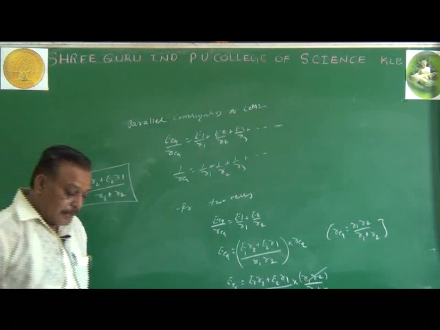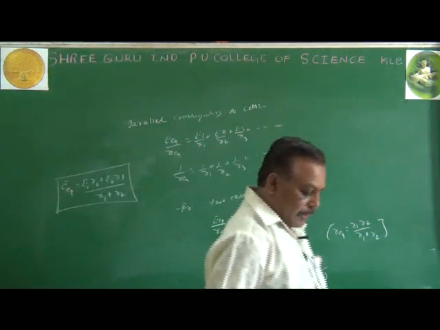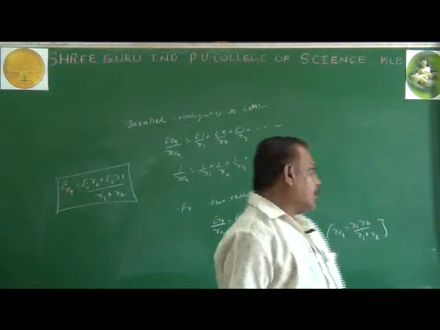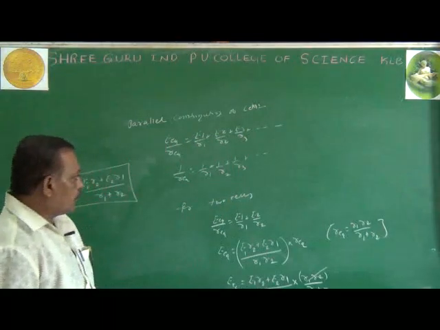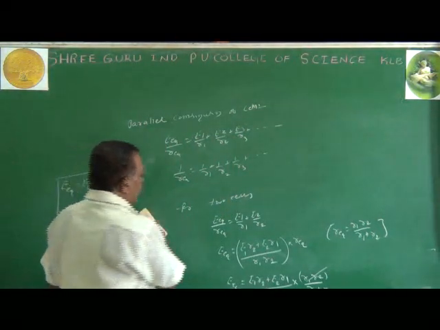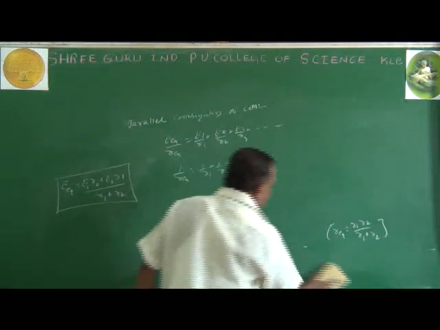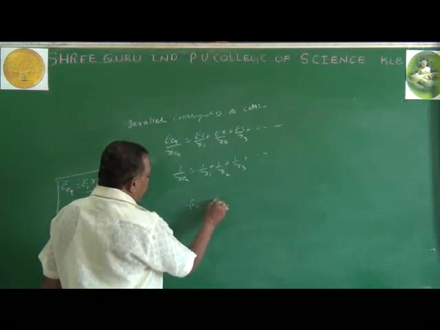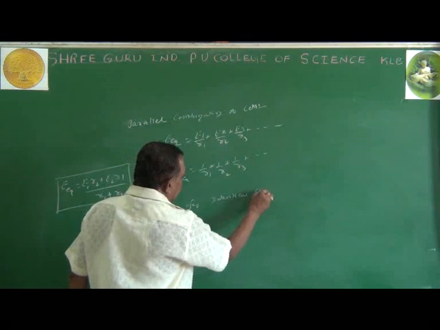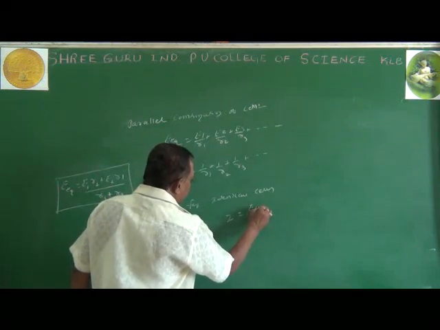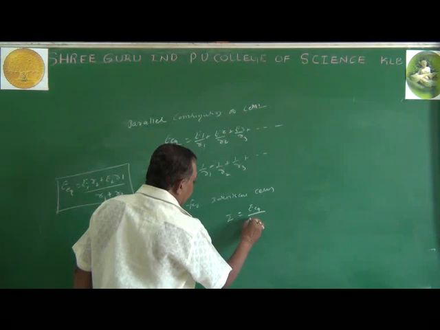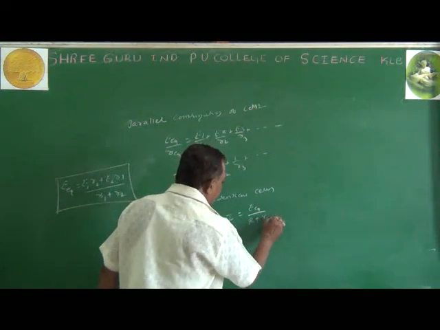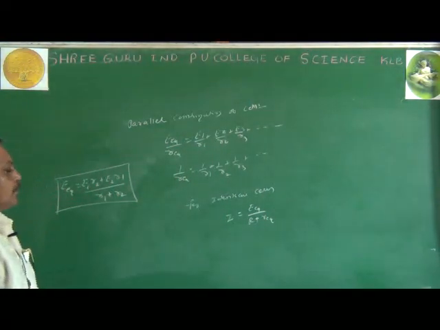Then I go for equivalent cells. If n number of cells which are identical in nature are connected in parallel, shall I go for this? Then for identical cells, I equals E equivalent divided by R plus R equivalent. Right?